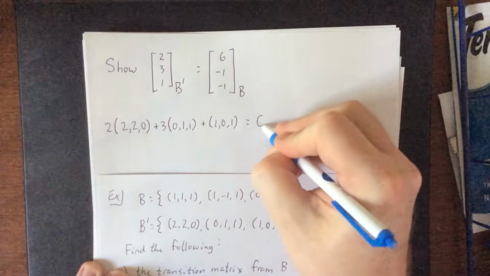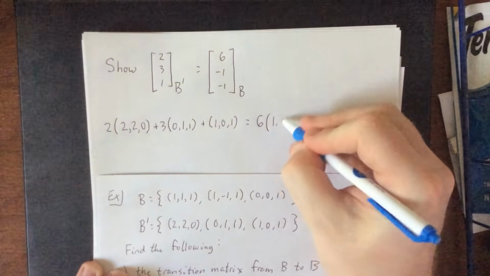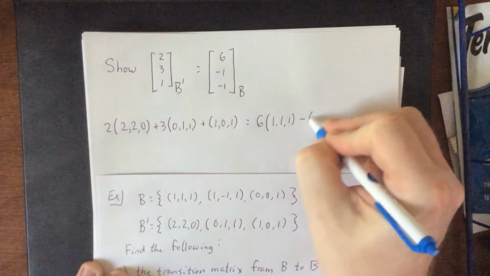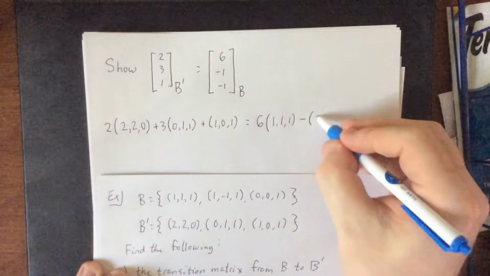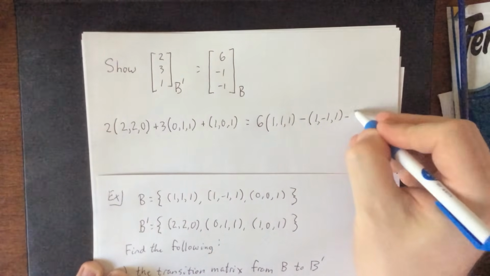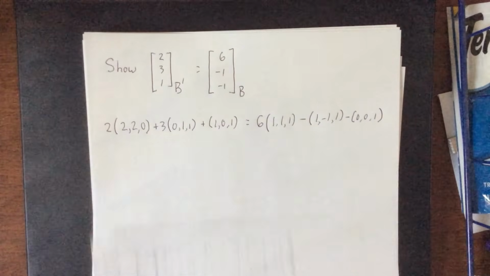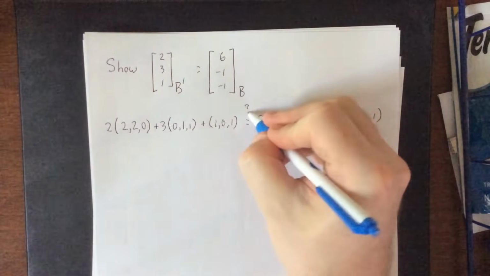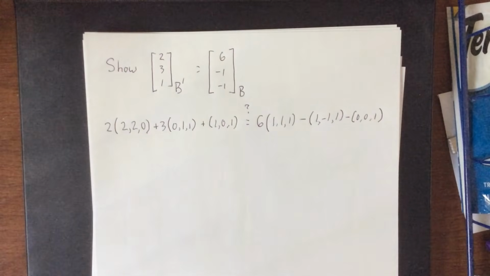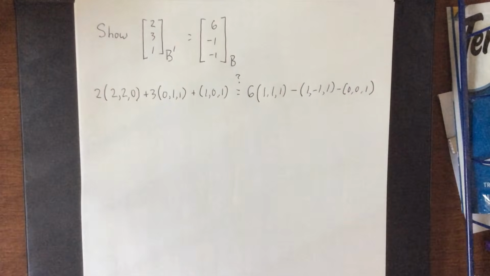Allegedly, this is going to be equal to 6 of the first vector in B, minus 1 of the second vector in B, minus 1 of the third vector in B. We are going to attempt to show that these two things are equal. And we'll do it one component at a time.